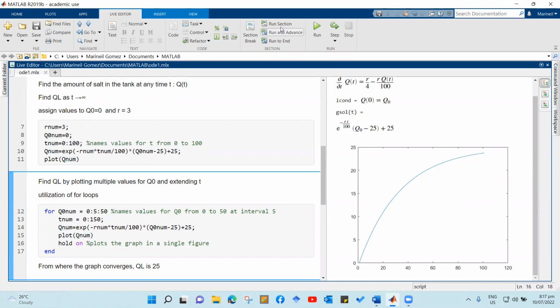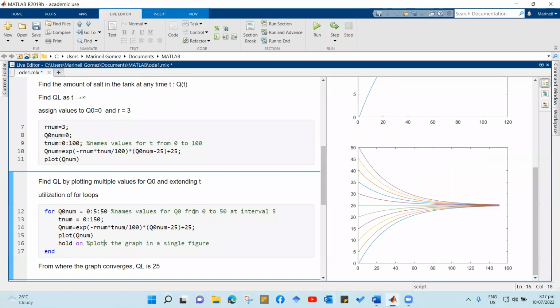So let's run it. Okay, so now here is your plot. Here are the values for each loop, at initial value QO at 0, 5, 10, 15, 20, 25, 30, 35, 40, 45, 50.